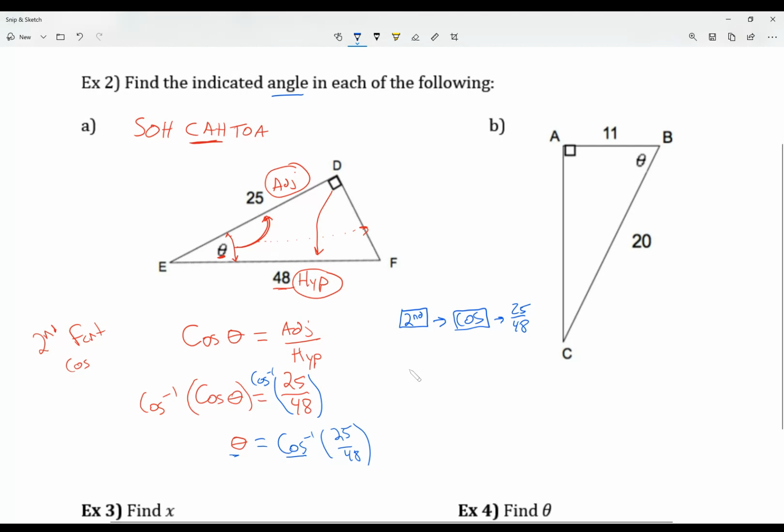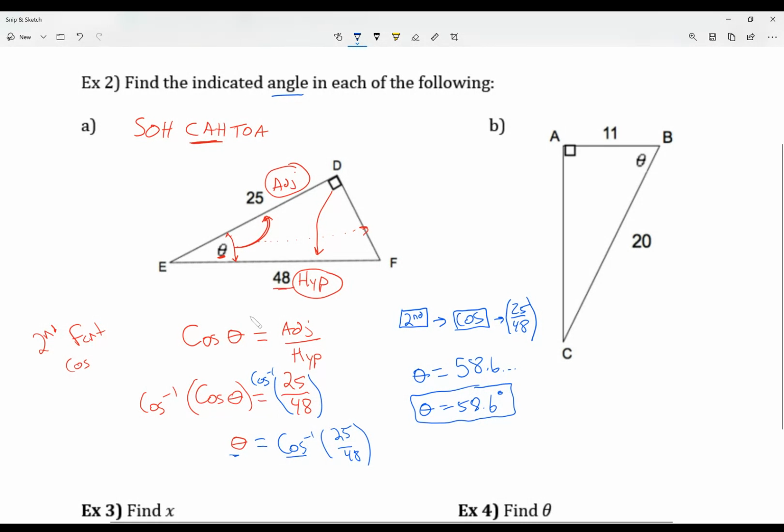A lot of times your calculator will come up with a bracket here. You're going to have to close the bracket too. And you press enter, you should get a value of theta equals 58.6 and change. That means that the angle there is 58.6 degrees.